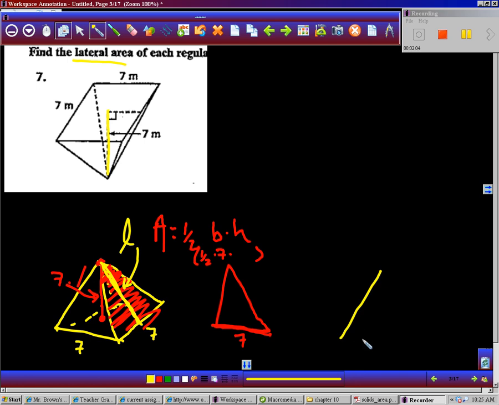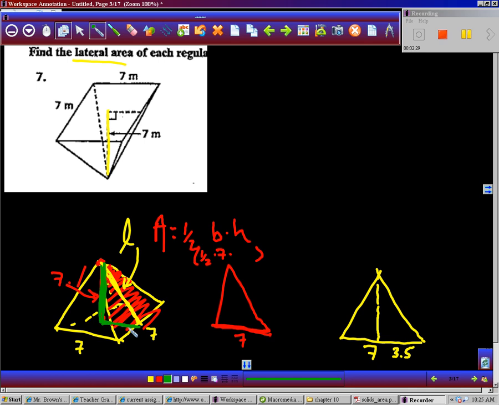So now if I go over here on my triangle, I've got a 7, and I am looking for the slant height. Okay? And the best way to do that, here's 3.5, and what's going to happen is I've got my triangle in here.